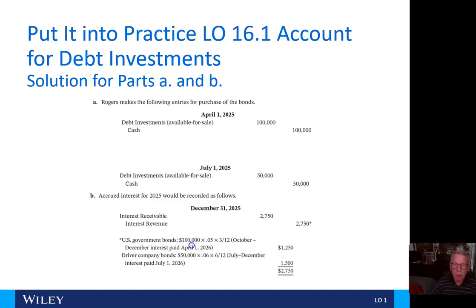So we take the 100,000 times 5% times 3/12, October through December, and we get $1,250. And then for the driver company bonds, we had the full 6 months from July to December. So we take $50,000 times 6% times 6/12 gives me $1,500. Together, $2,750. So we debit interest receivable and credit interest revenue.